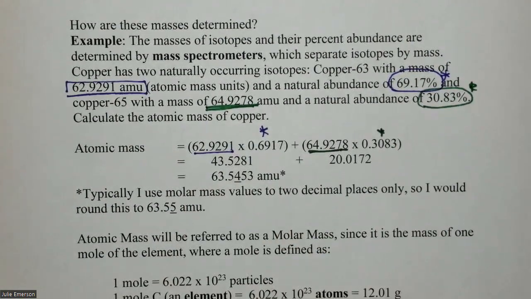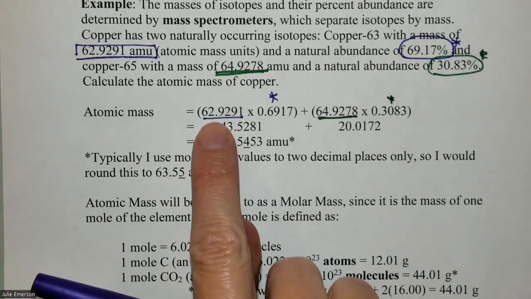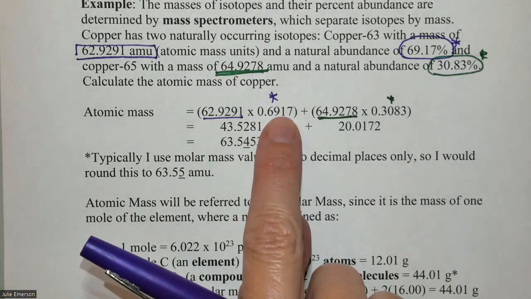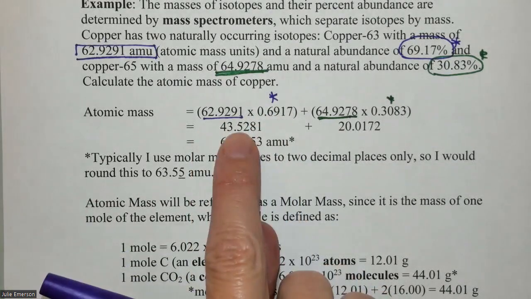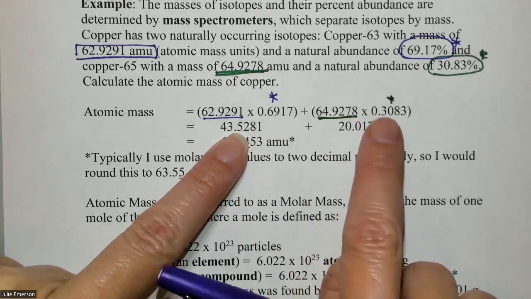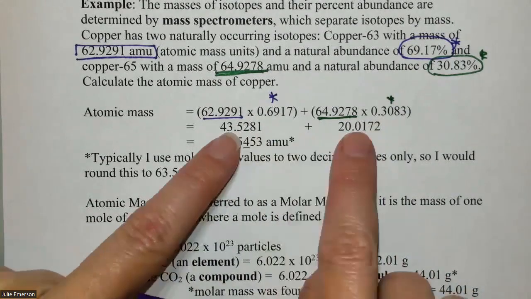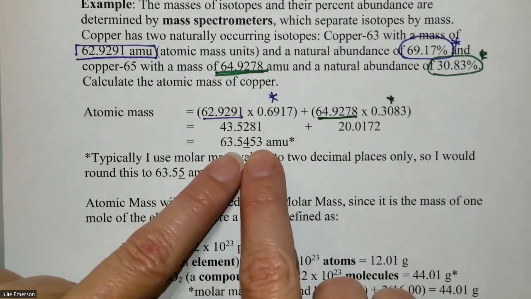So 30.83% is 0.3083. When I take that atomic mass times the percentage in decimal form, I get a value. When I do the same thing with the second isotope mass times the percentage in decimal form, I get a value. Now I add those two together, and that's my weighted average.